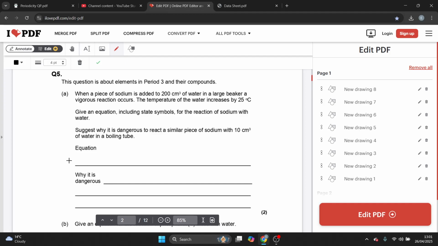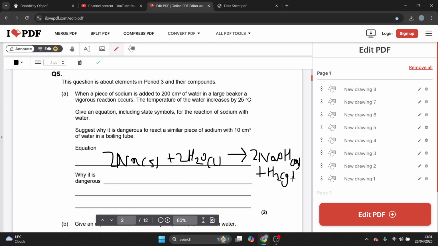When a piece of sodium is added to 200 litres of water, given the equation for the reaction of sodium with water. So the equation: 2Na solid plus 2H2O liquid to form 2NaOH aqueous plus H2 hydrogen gas.